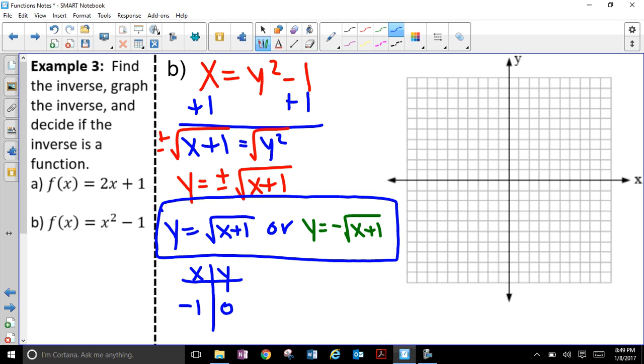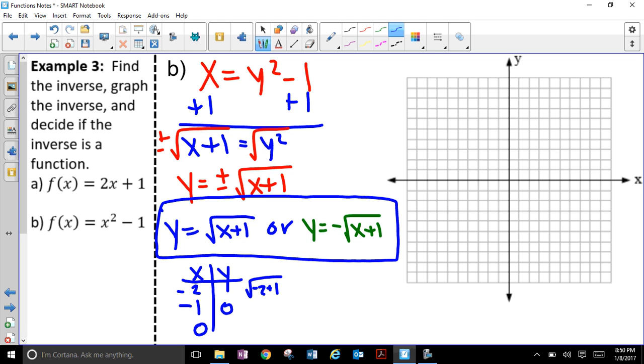Now let's pick two numbers on each side of this x value. One number smaller than -1 is -2, and a number bigger than -1 is 0. Remember, we try to pick points on each side of that vertex. If I plug in -2, I do -2 plus 1, and what do I get under the square root? We get a -1.